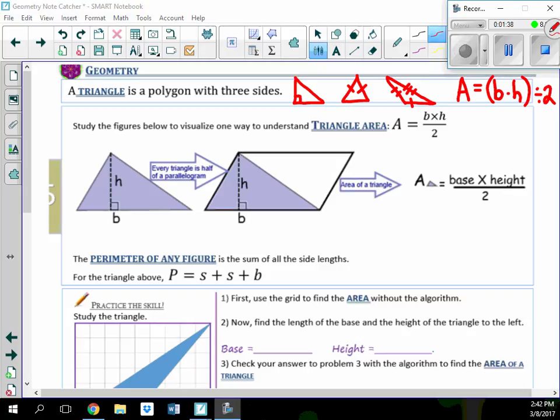Okay, so explain to us how we came up with that formula yesterday. So what you would do is you would draw a box around the triangle, and then if it's a right triangle, then the triangle should be going from one corner of the box to the other corner, which makes it 1/2 of that box. So what you do is you do the base times the height divided by 2 because the triangle is half of that box.